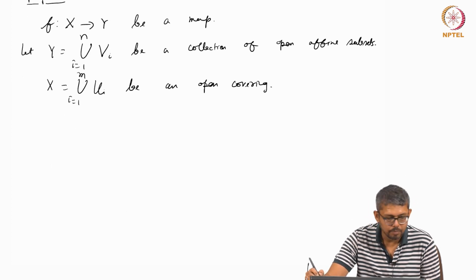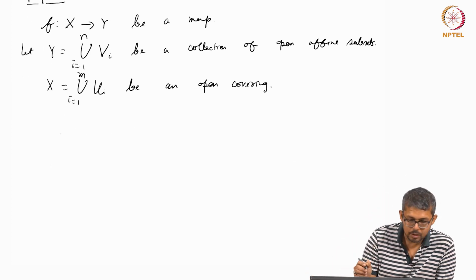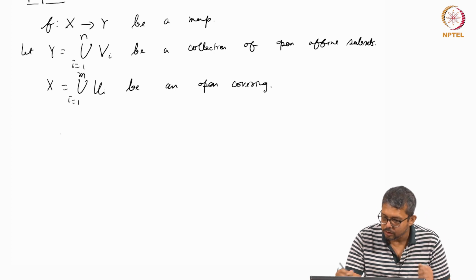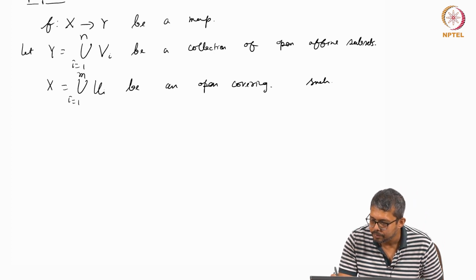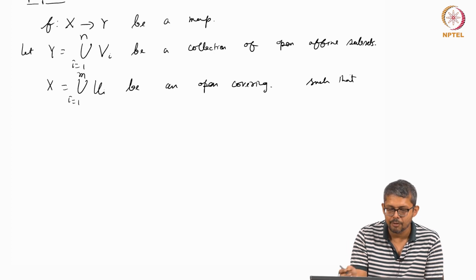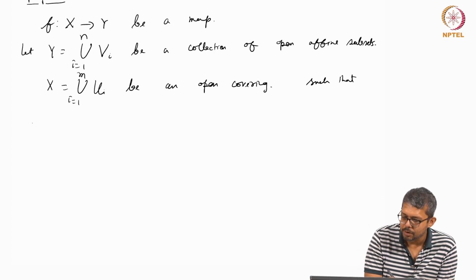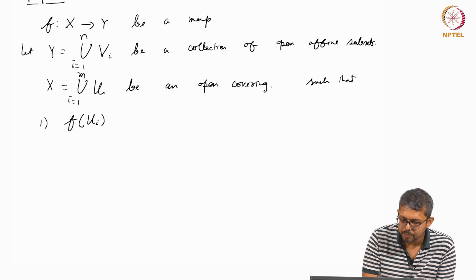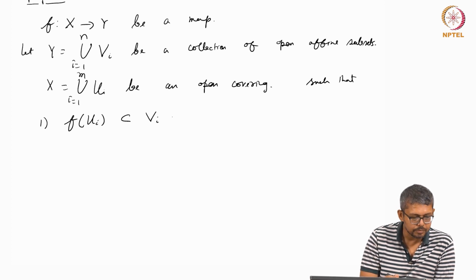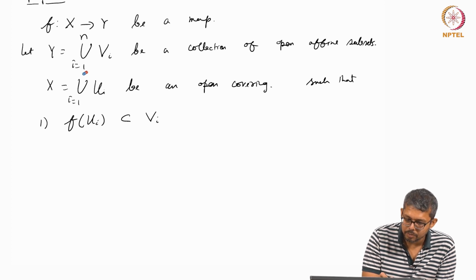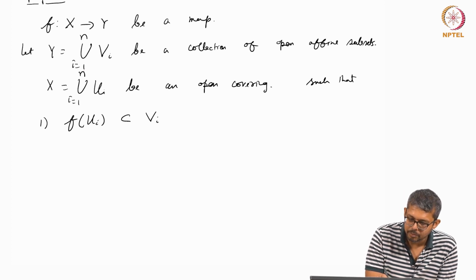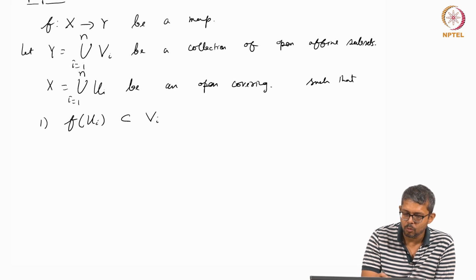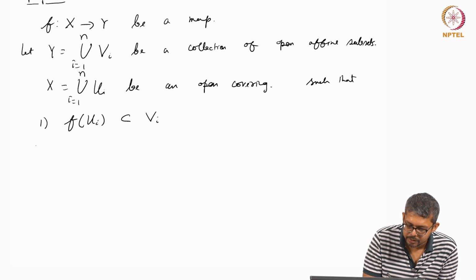So now you have two open covers, but Y has an affine open cover and X is any open cover, such that you have this set map f of U_i is in V_i. Let's write the same notation, same index i equal to 1 to n. Both have the same number of open subsets.